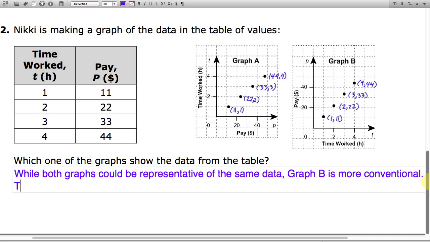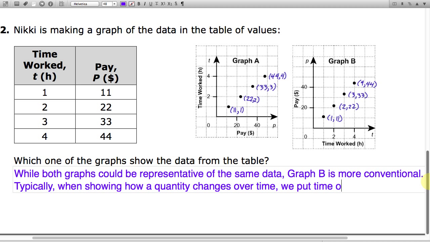The reason for that is that typically when showing how a quantity changes over time, we put time on the horizontal axis.